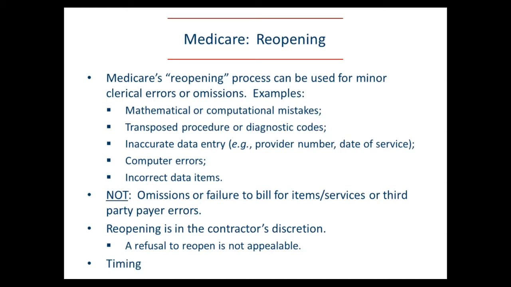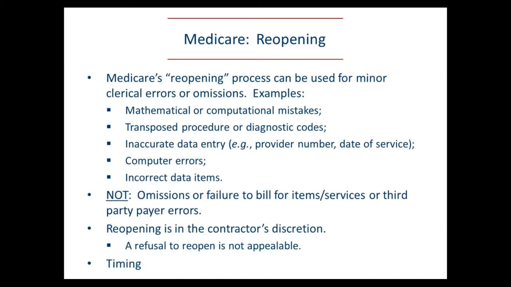So that's quite specific. Another thing to keep in mind is not every attempt to reopen is guaranteed. It's purely within the contractor's discretion. So if they decide, hey, really this is not a reopening, and they deny the reopening, you have no appeal rights.